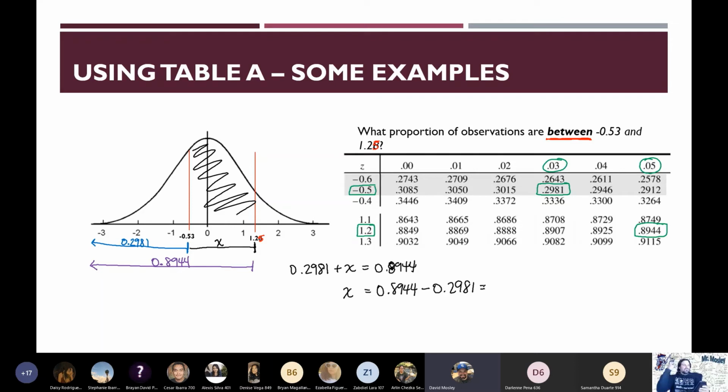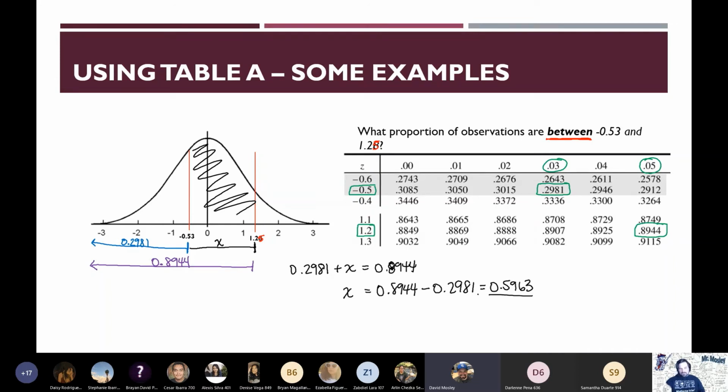We get 0.5963. And so we have the proportion of observations between negative 0.53 and 1.25 is 0.5963.